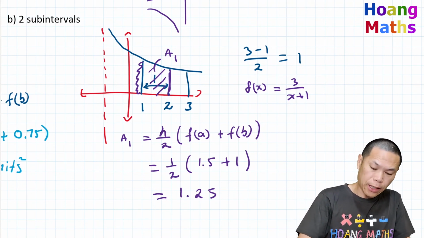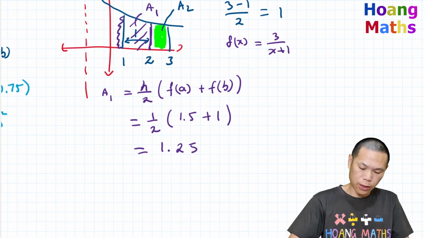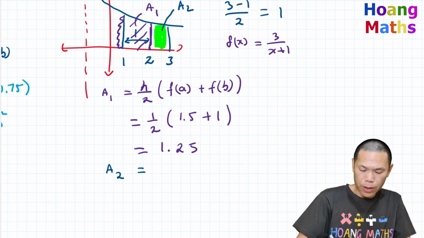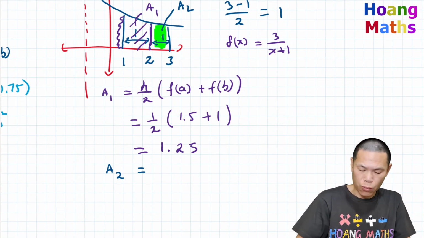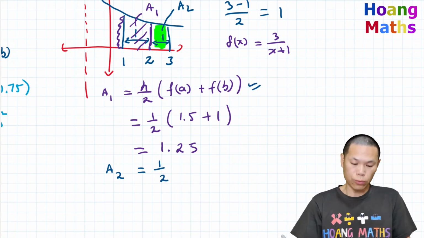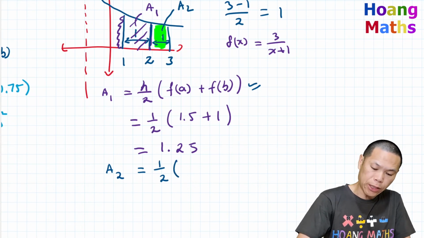So then the second area, so this one here, let me name this A2. Now to work this out, just do the same process. So A2: the width of this is still 1, it has to be the same height, okay? The width of the strip is 1 over 2, and just simply apply the trapezoidal rule. So a half of f of a, in this case, a is 2, okay?